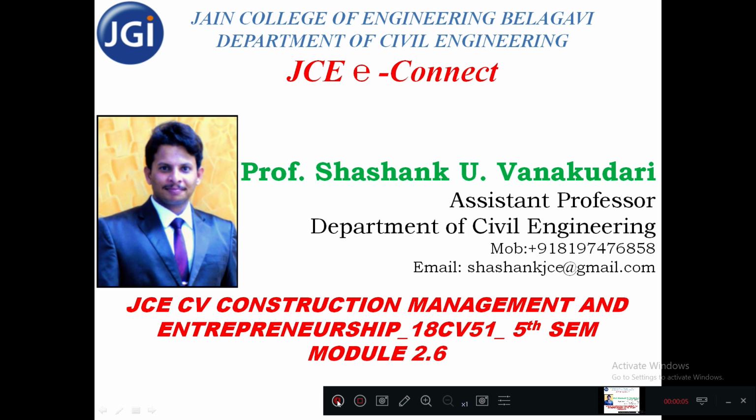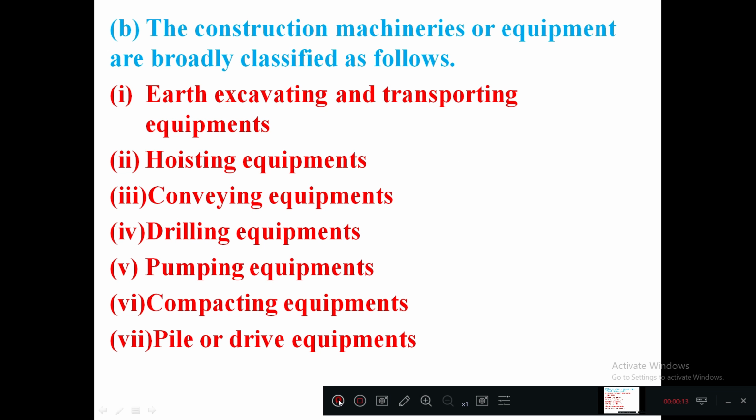So in this class we'll study different classifications of construction equipment. In the previous class we discussed the different construction equipment, and the classification depends upon the type of work.